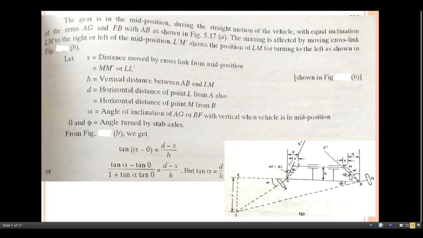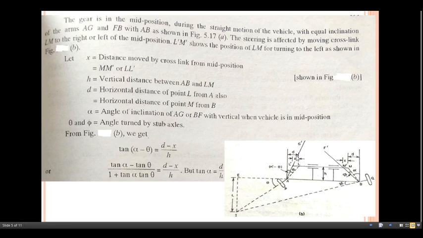And from this side, this angle we have assumed, after displacement of this link, or when the vehicle takes a turn towards the left side, the angle made by this stub axle with this link is nothing but phi. So what is the total angle if we look at this geometry?